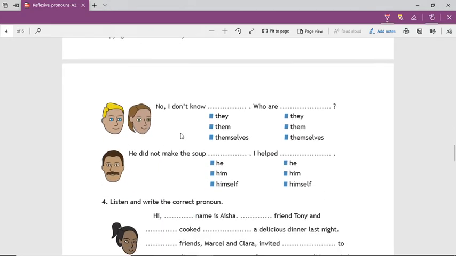Next up, no, I don't know blank. Who are they? Is the answer for this one, because we've got two. Who are they? So the first part of the sentence is no, I don't know them. I don't know them. Who are they?